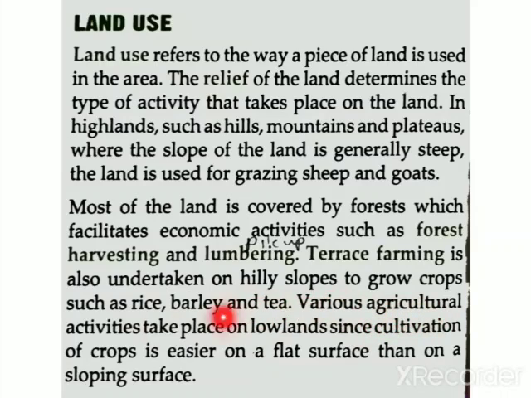Various agricultural activities take place on lowlands, since cultivation of crops is easier on a flat surface than on a sloping surface. Most agricultural activities, like growing a variety of crops such as barley, wheat or any type of species, are done comfortably on the flat surface rather than the hilly slopes.